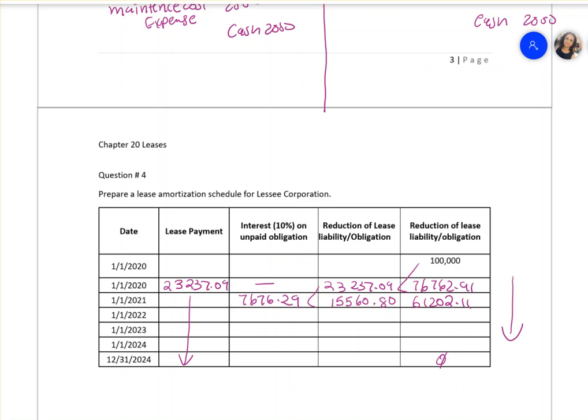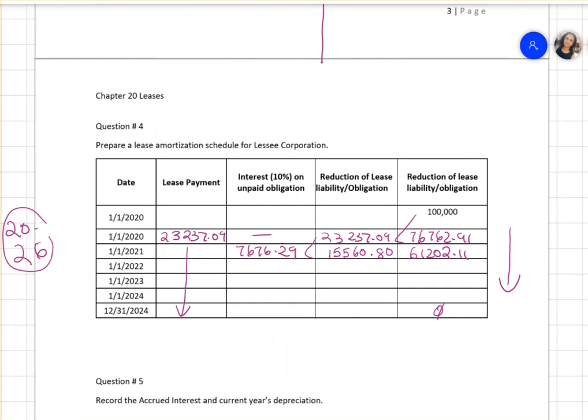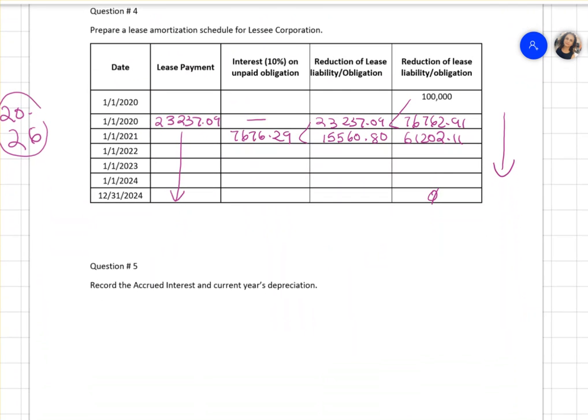If you're having a hard time completing the table, you can go to page 26 on your Chapter 20 in your book. This is where the table is. You can complete the table, and then you can check your answers.